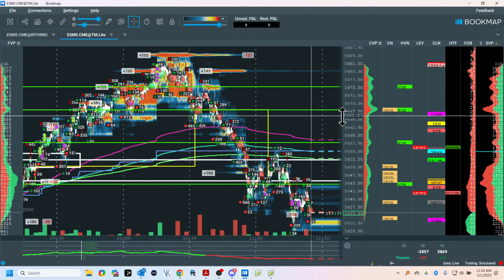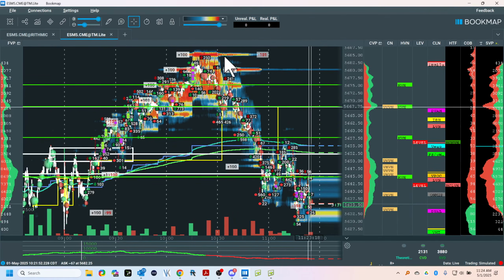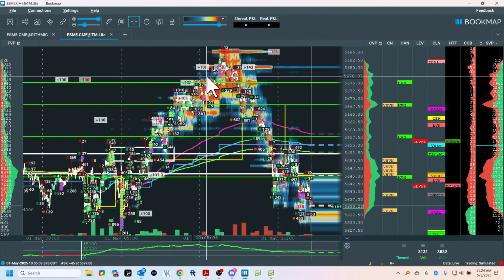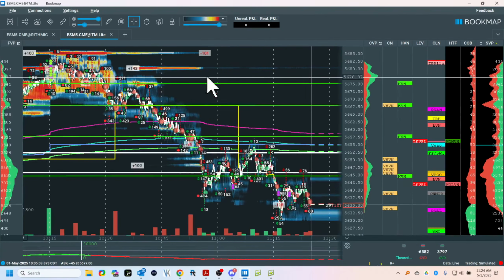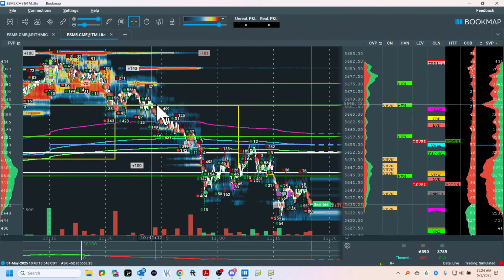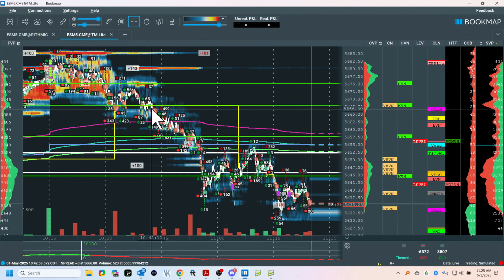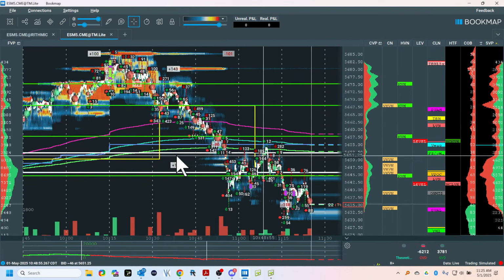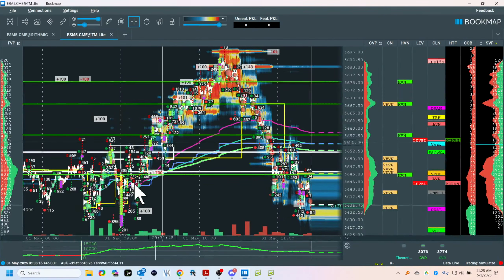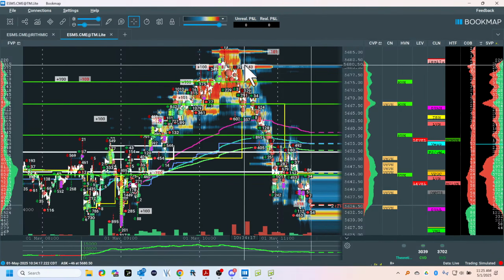But let's look at what's happening here. Obviously, we found what was too high, and there's no way to know, okay? So too high. For me, I might not be a short because I don't have a way into a short here. But I would be out of my longs, that's for sure.